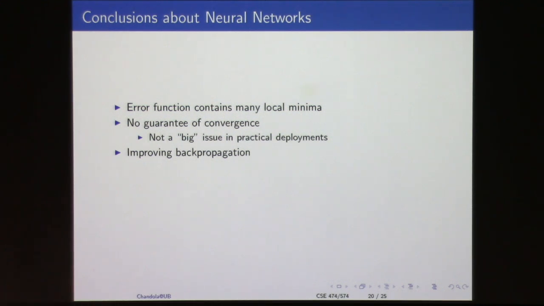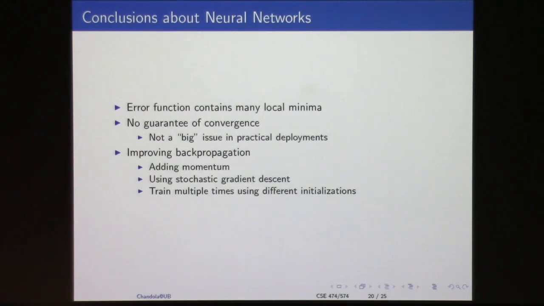So there are some tricks people apply to improve the backpropagation algorithm, right? One of the things people do is stochastic gradient descent, which I discussed very briefly last time. Instead of computing your error function with respect to all of your training data, you do one training data point at a time, right? You take one training data point, and then you adjust your weights until you converge.